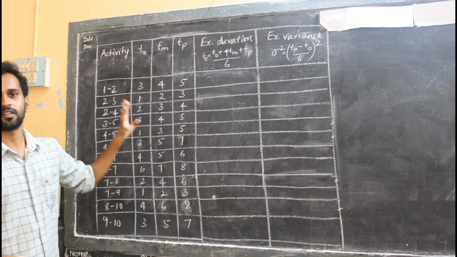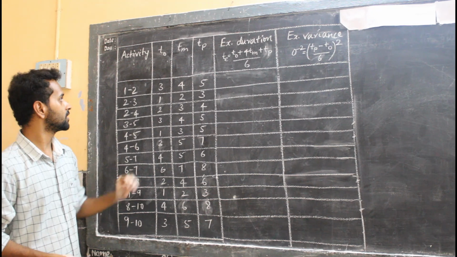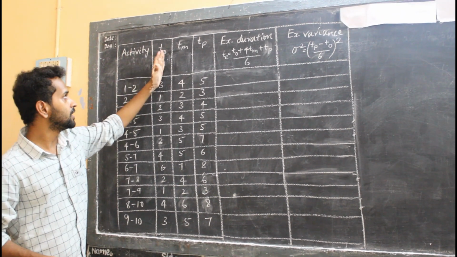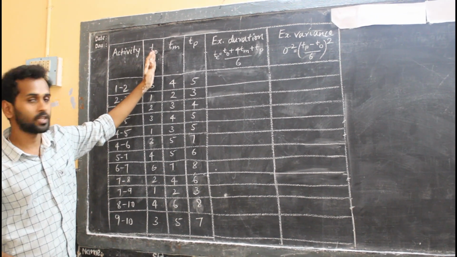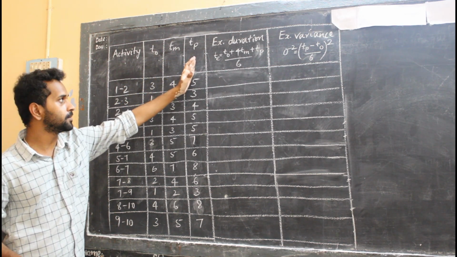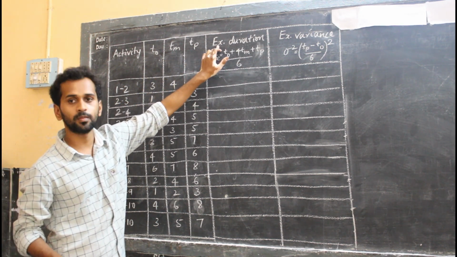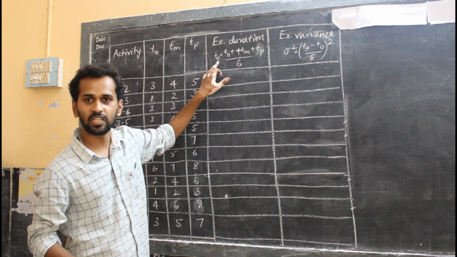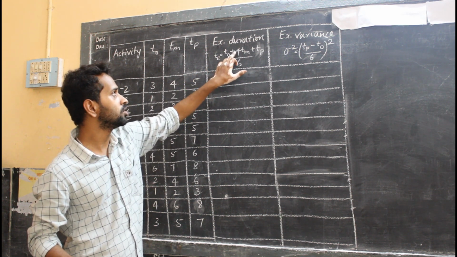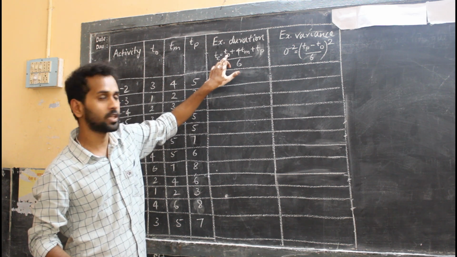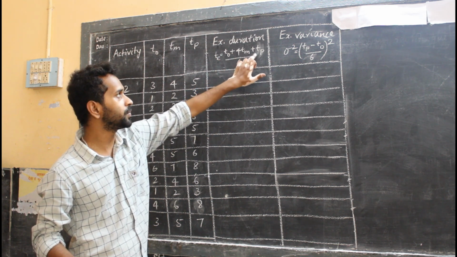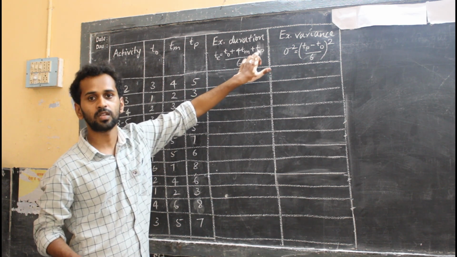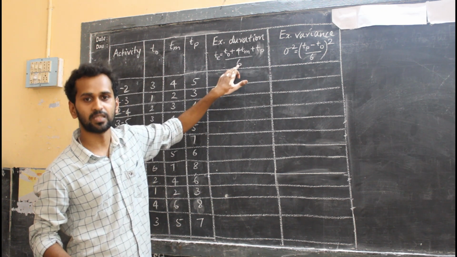So this is the required table for us. What does the table contain? Activity, T0, Tm, Tp. The expected duration formula is Te equals T0 plus 4Tm plus Tp, divided by 6.